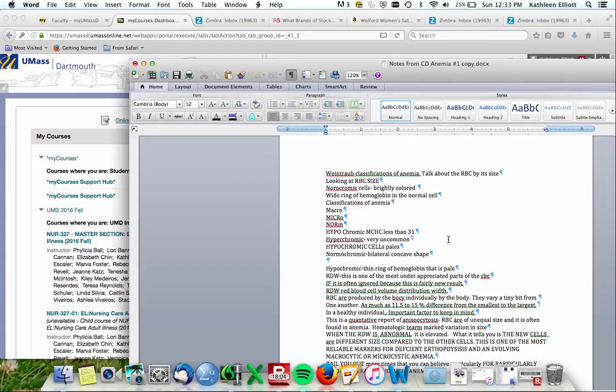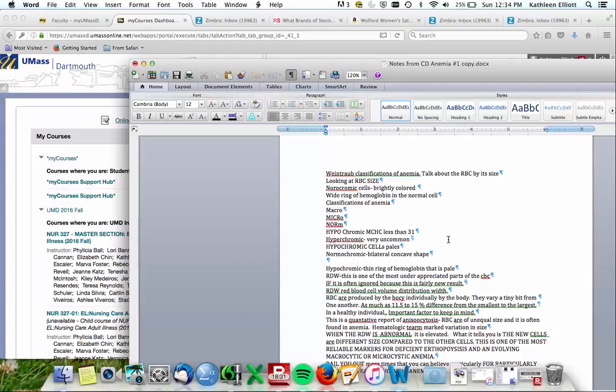So normochromic cells are brightly colored, and you have classification of anemia as macro, micro, and normocytic. Hypochromic, you have an MCHC less than 31. Hypochromic cells are pale. They have a thin ring of hemoglobin that is very pale. Remember, chromic is color.